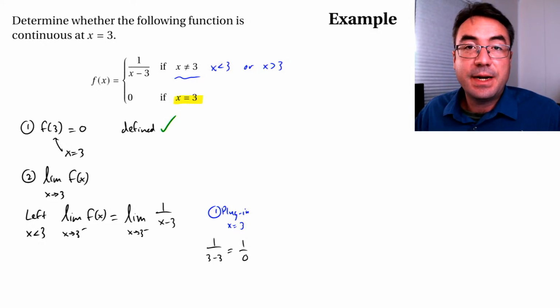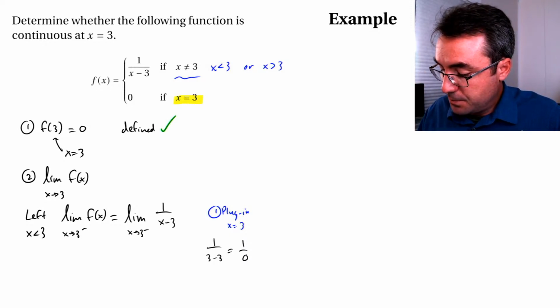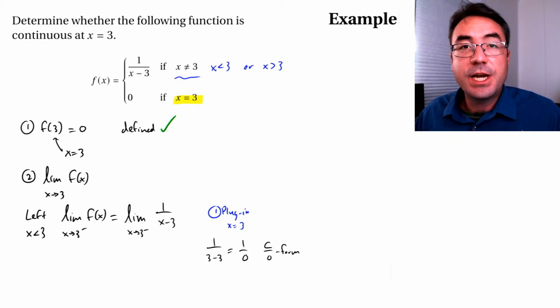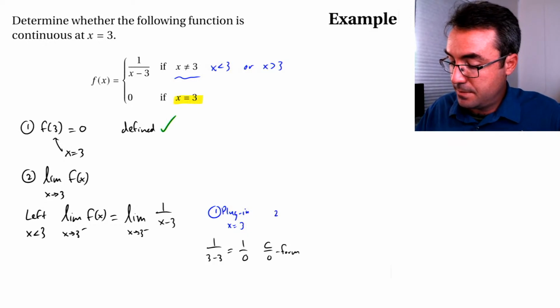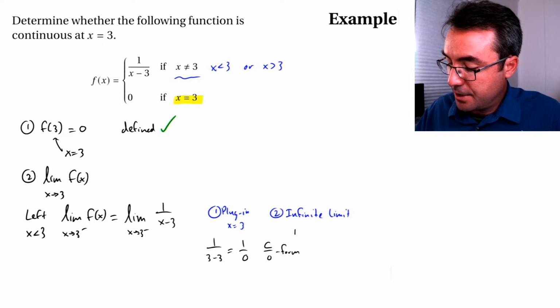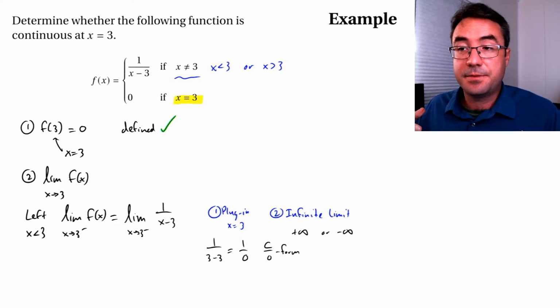And so division by 0 is no good, but at least it's not 0 over 0. So this is one of our c over 0 forms, which actually does tell us something. Tells us it's an infinite limit. And so the limit is either going to be plus infinity or minus infinity, and we have to decide which one. Is it positive or negative?